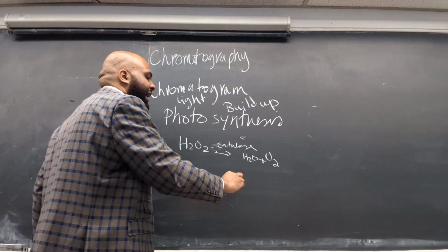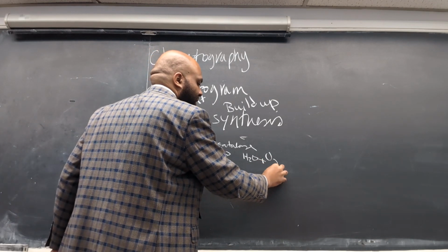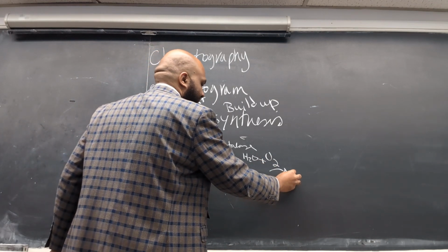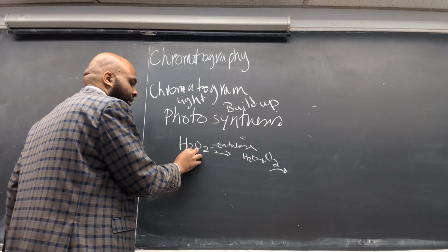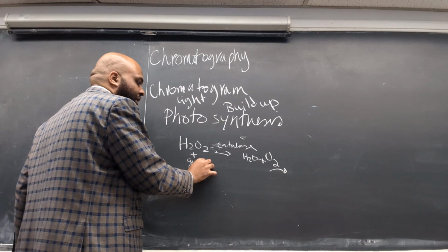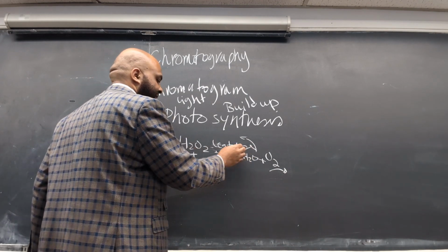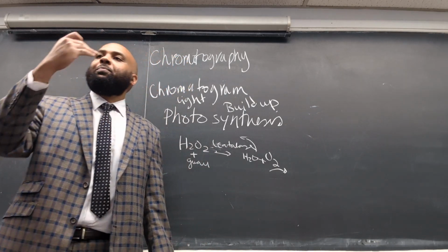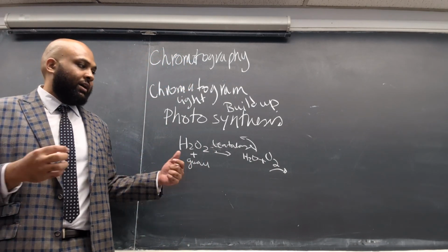Then the second reaction was when Guaiacol came in and changed from colorless into amber brown. So it was H2O2 plus Guaiacol. The catalase played the first part of the reaction, and the second part was played with Guaiacol.